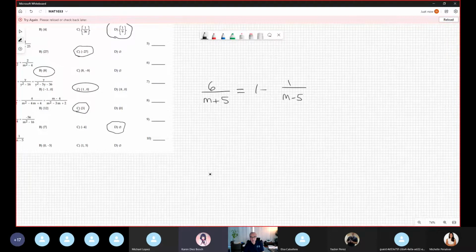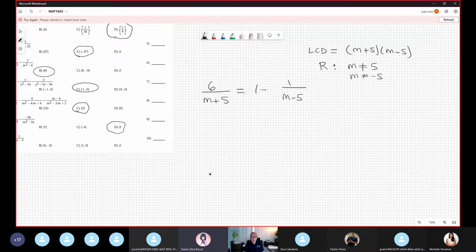Nice, I like that. Therefore, the LCD is the combination of both, m plus 5 and m minus 5. And the restrictions associated with this problem are m not equal to 5 and m not equal to negative 5.